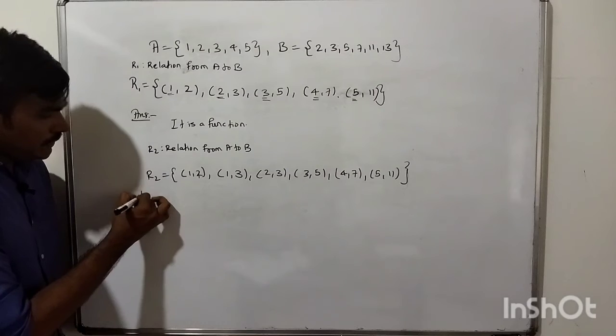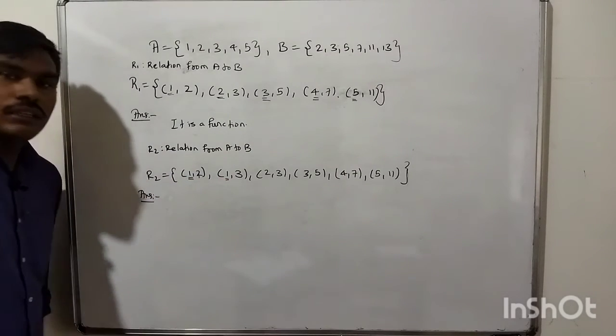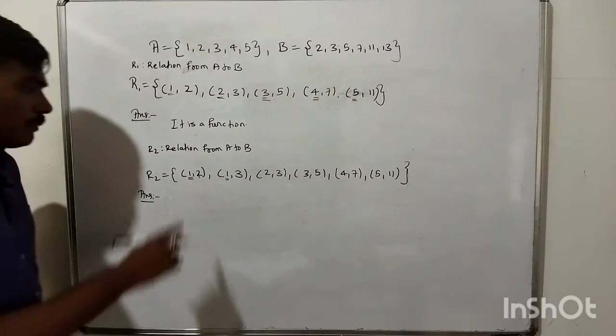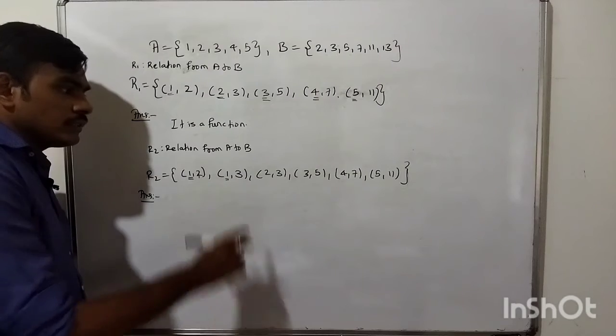So here, if you check properly, 1 is repeated. 1 is coming twice. That means 1 will have two images. 1 is related to 2 and 1 is related to 3 also.